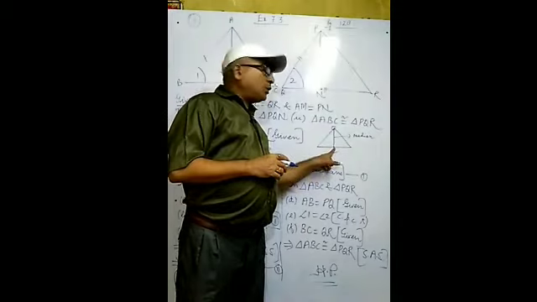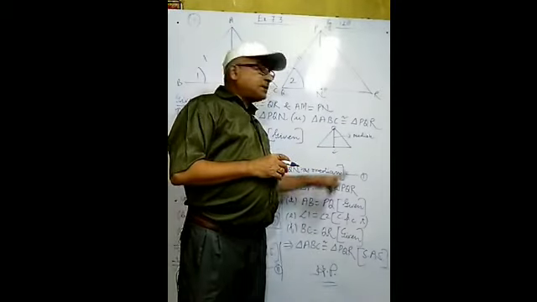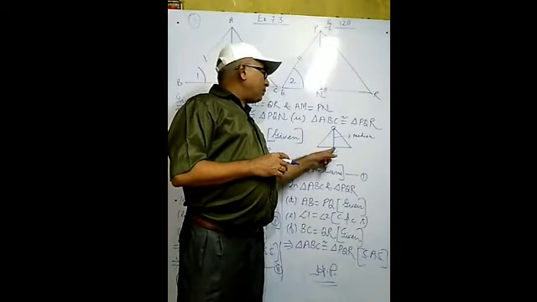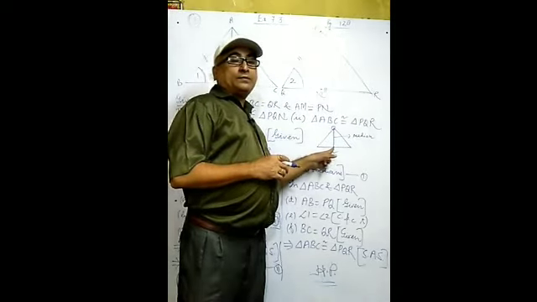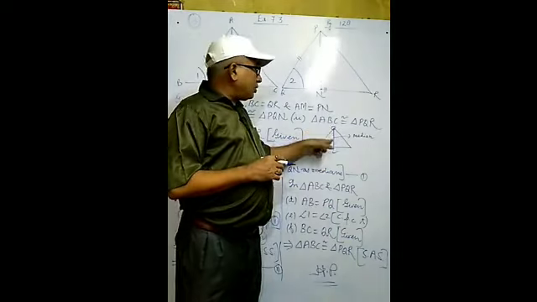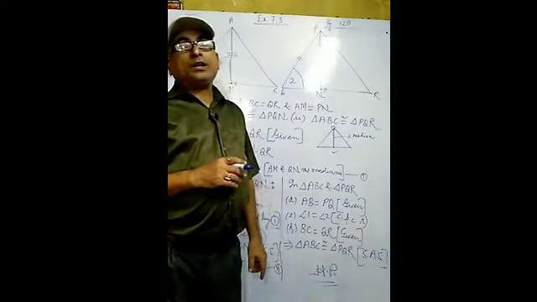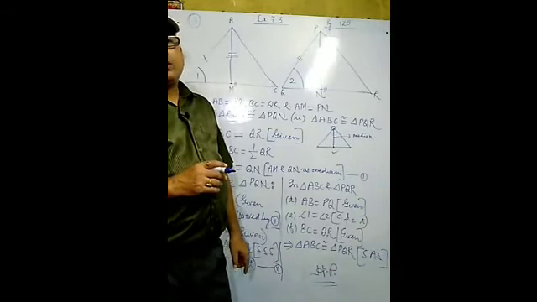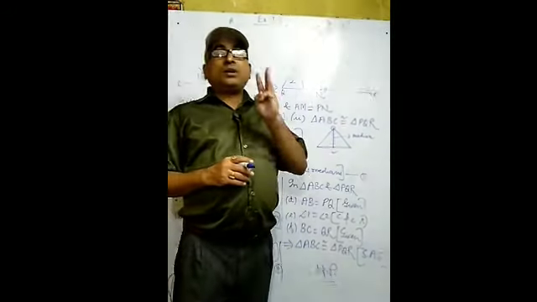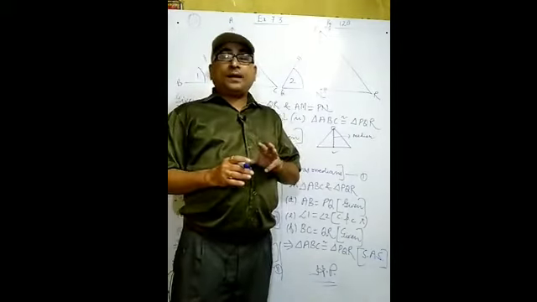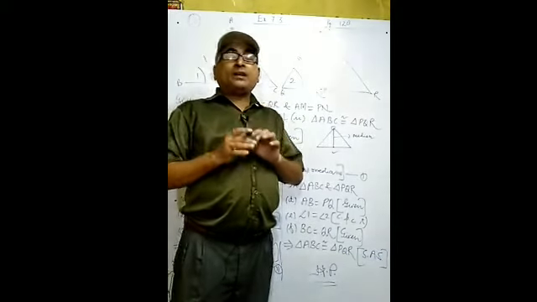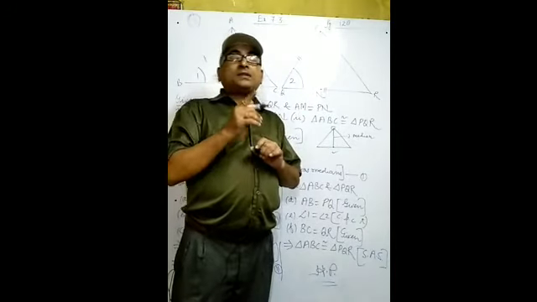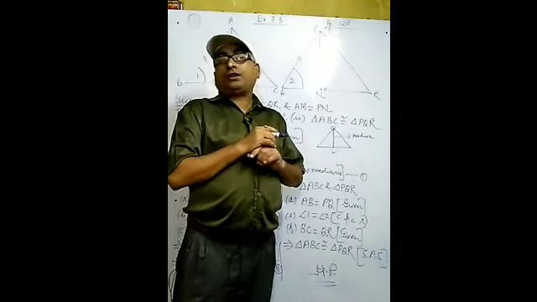Suppose this point is the midpoint of this lower side, so we join the vertex to the midpoint of the opposite side. Whatever line segment is obtained, that line segment is known as a median of the triangle. So we can get three such medians, but here only one median of each of the triangles is given.